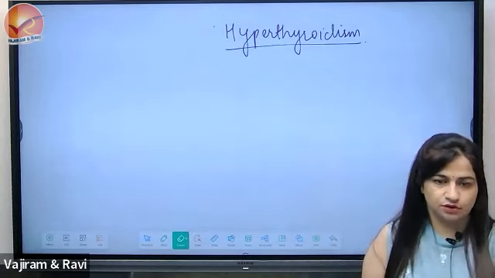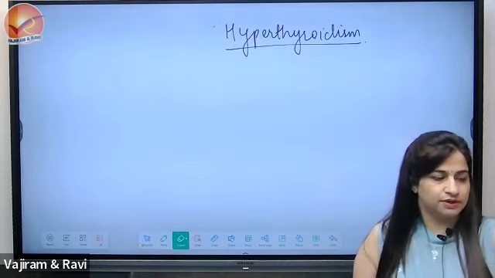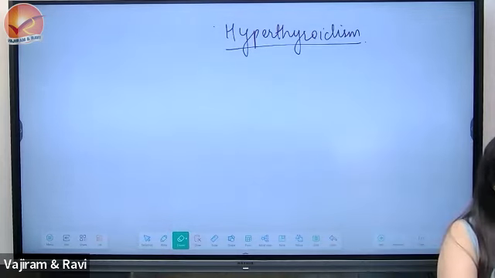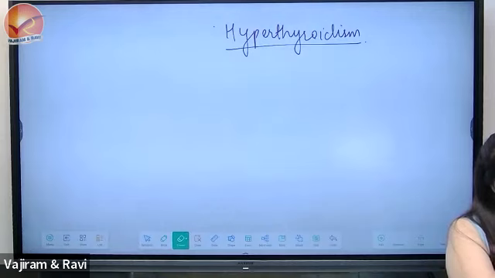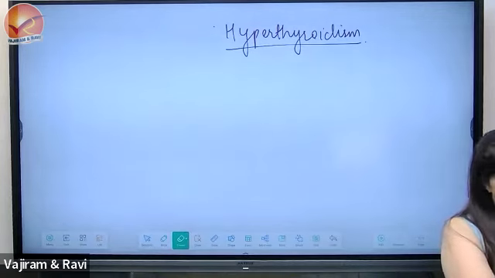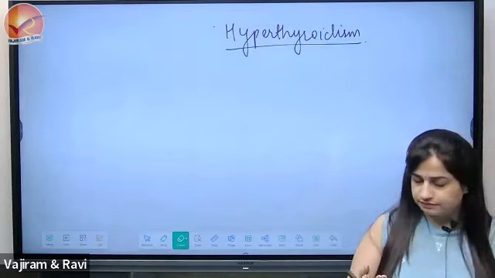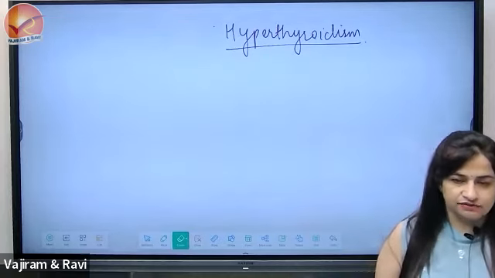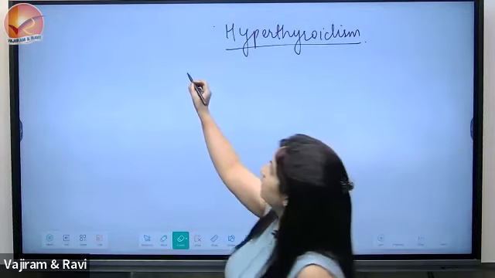Okay, these are the causes of hyperthyroidism. Now write down the clinical features of hyperthyroidism. As we write, we'll also discuss how they are happening. In clinical features, first one will start with the hypermetabolic state.